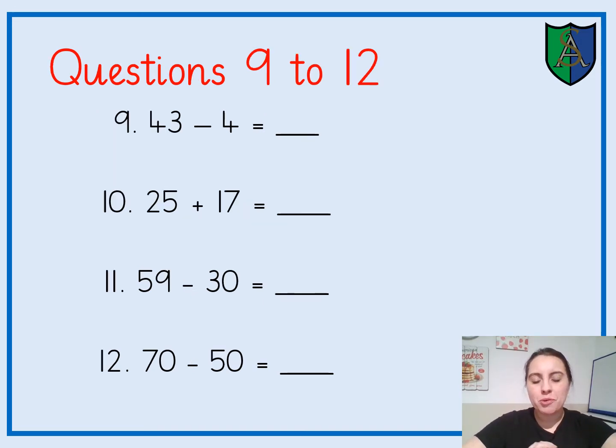Question number 9 is 43, 4, something. I'll read that one again to you. Question number 9 is 43, 4, something. Remember, you can pause the video if you need more time.